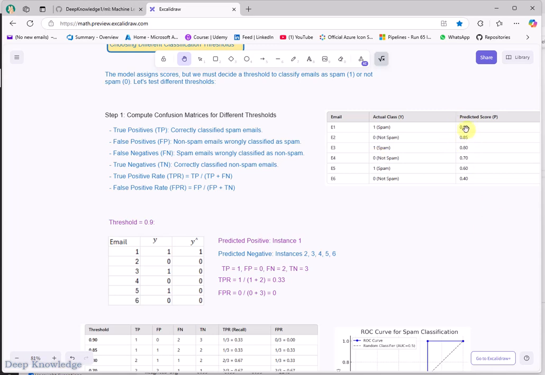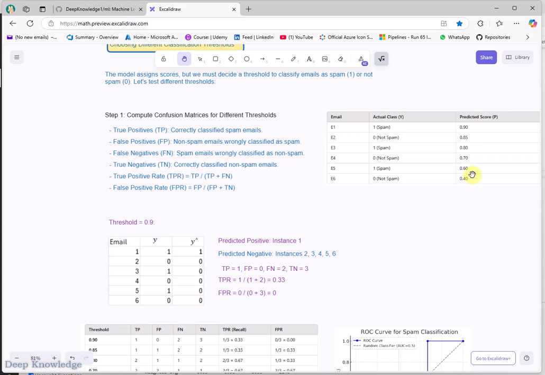So now let's assume this is our prediction on the validation or test set. Assume that our model for the first email is predicting 0.9, for the second 0.85, and so on.